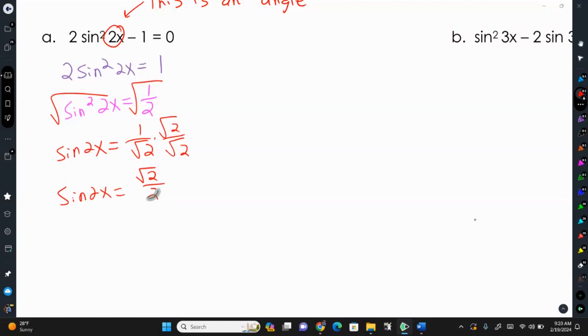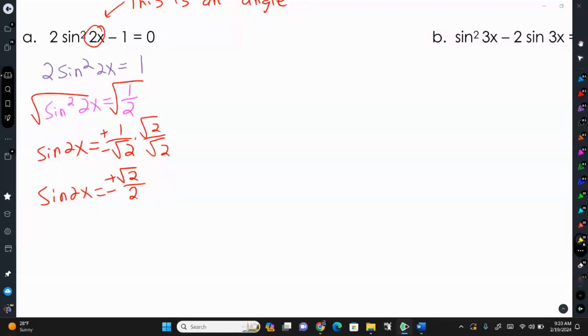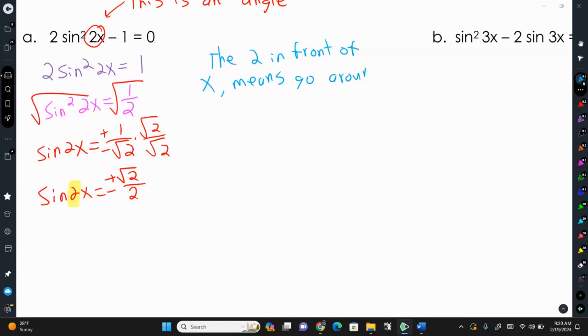Now, yesterday, when we would get to this point, we would say plus or minus because we took the square root. At this point, we would look and say, all right, when is sine equal to the square root of 2 over 2? And we would go around the circle. Now, because there is a 2 right here, the 2 in front of x means go around the circle twice.